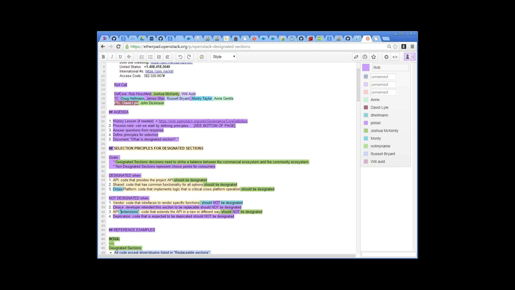So if we have this set of principles and we say, think about what you're doing when you design something and what parts of it you expect someone to be able to replace, we're going to end up with better designs anyway, but we'll also have a clearer path as we add new features for selecting what's designated and what's not. Yeah, it's very true.